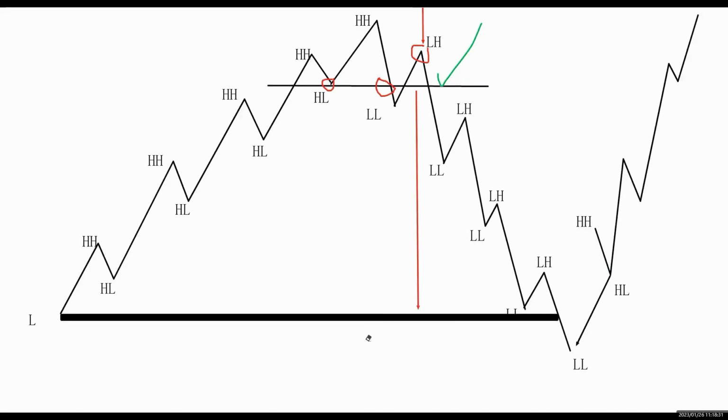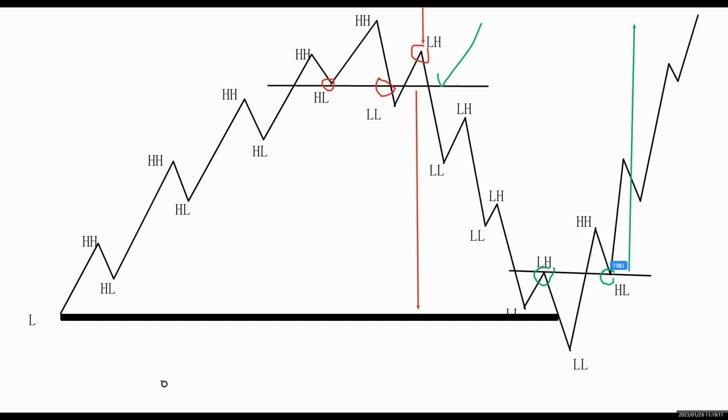So now what does that mean? That means that at this point, when price broke this point right here, this lower high got broken. So what does that tell us? Yeah, to connect it together, this tells us that we actually do have a trade opportunity to the upside right here.